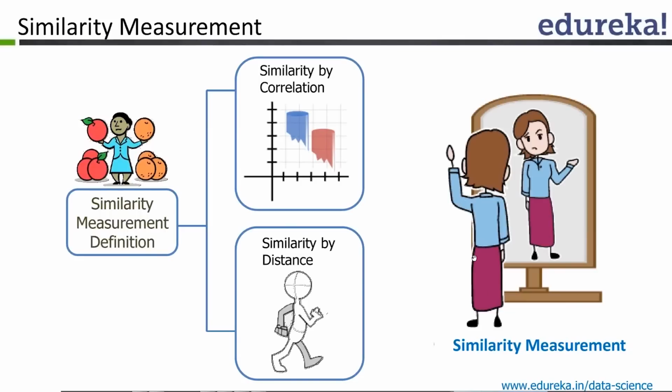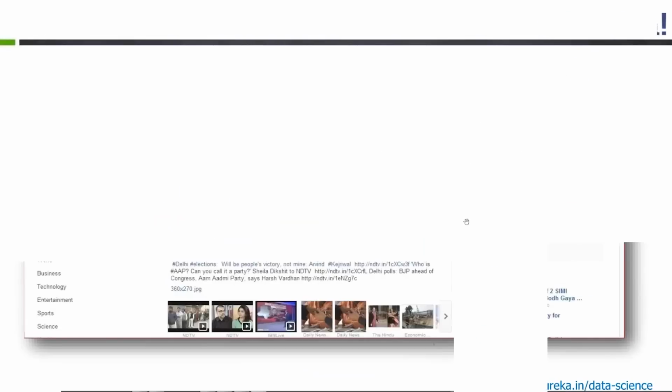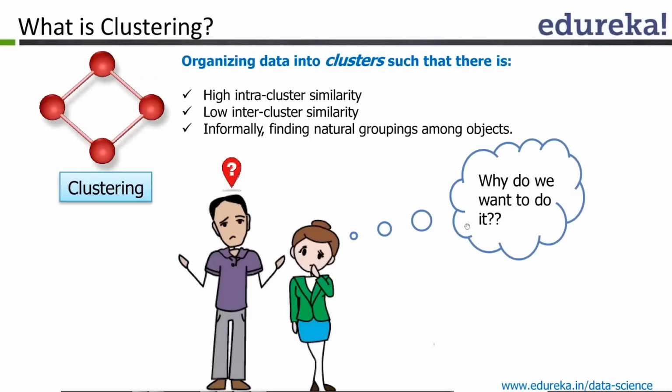Okay. So in clustering, in this slide, we mentioned that we want high intra-cluster similarity and low inter-cluster similarity, right? So the obvious question is, what is similarity?